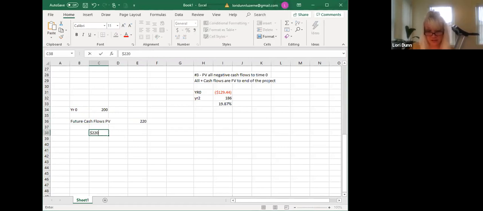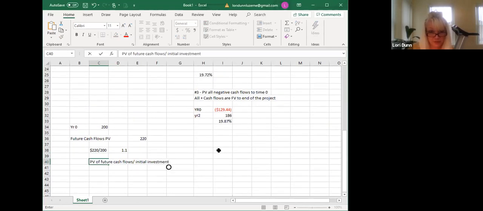Take the present value of the future cash flows divided by the initial investment. And that's how we get the profitability index. So again, the formula would be the present value of future cash flows divided by the initial investment.